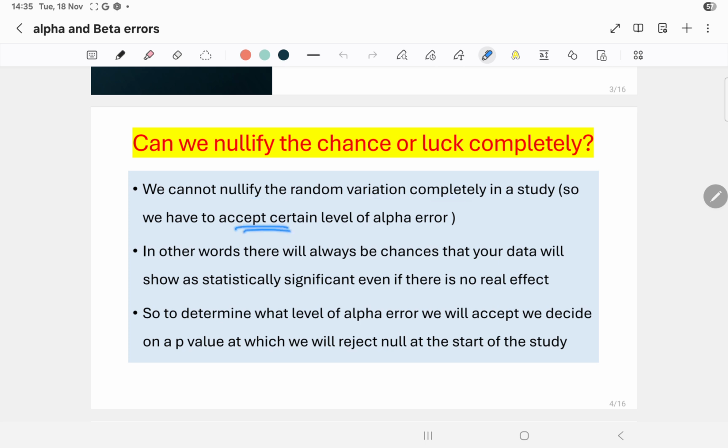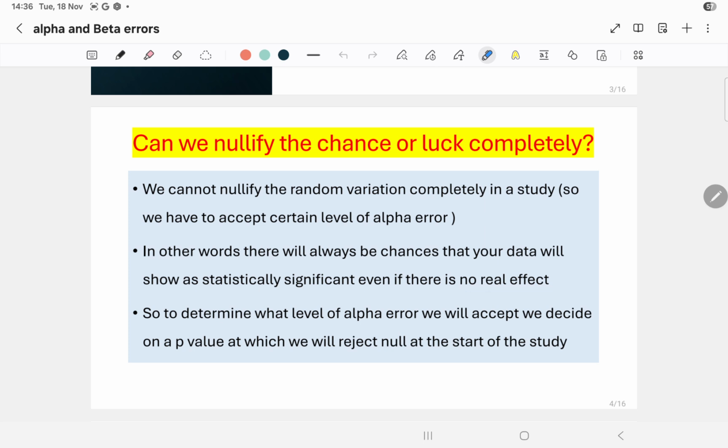We have to accept a certain level of alpha error, because alpha error measures random variation as we have discussed before. In other words, there will always be chances that your data will show as statistically significant, even if there is no real effect.